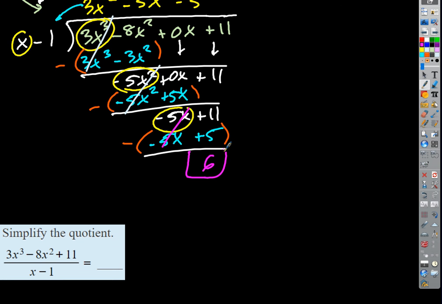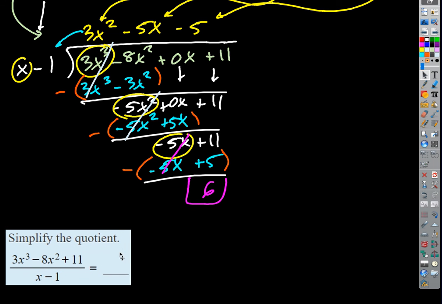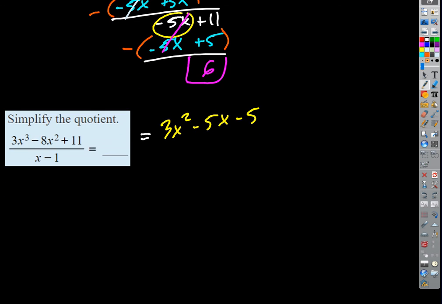So when we write out this answer then, look at the parts we get. Well, we get this part, the polynomial part. So my answer is equal to 3x squared minus 5x minus 5 plus what remains over my denominator.